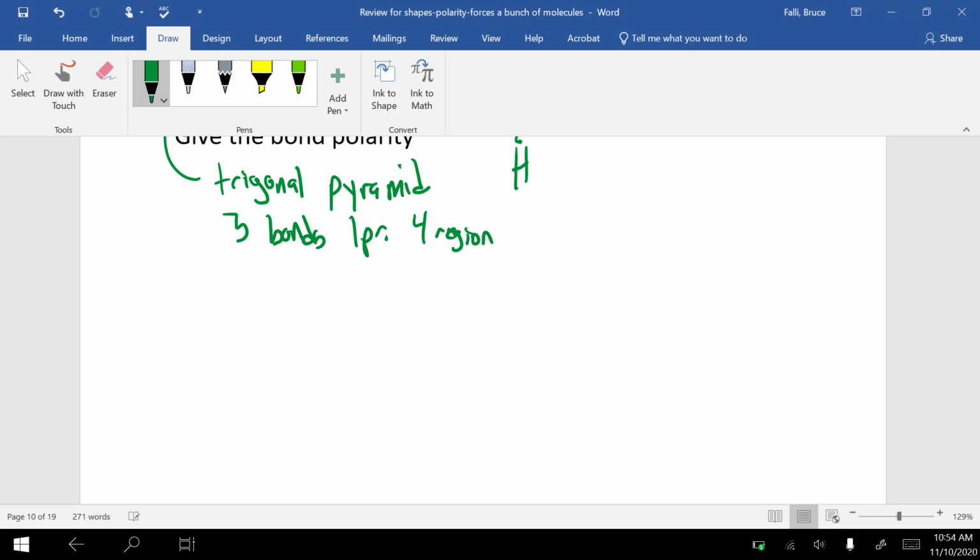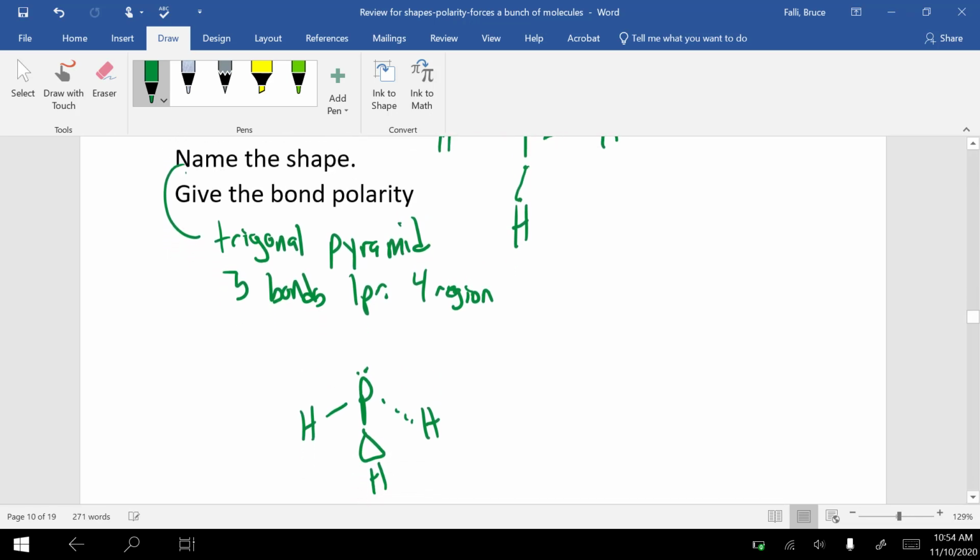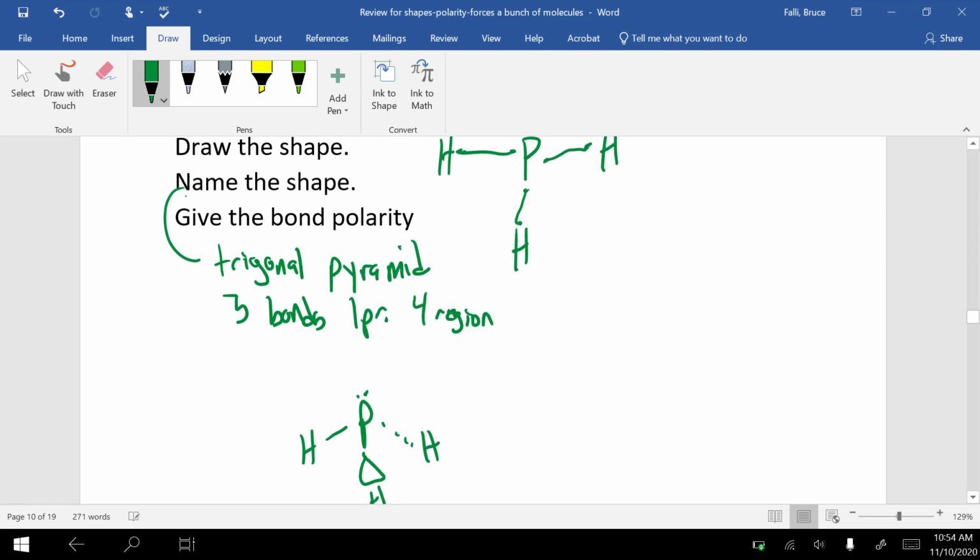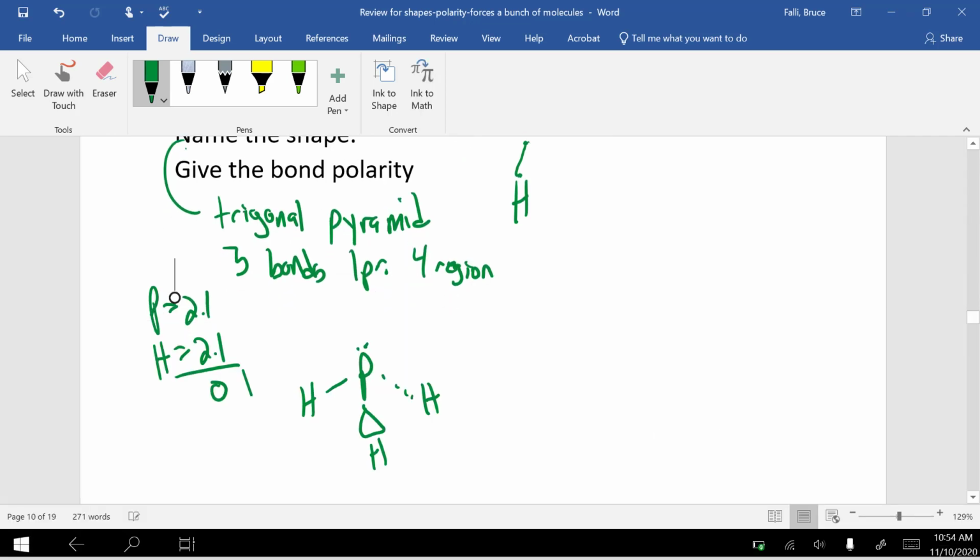So I'm going to draw this now the way I should have drawn it before. H, H, H. And give the bond polarity. P is 2.1, H is 2.1, so it's 0, so it's nonpolar.